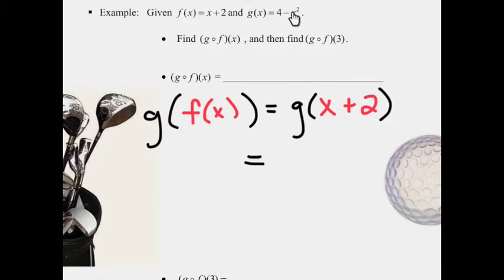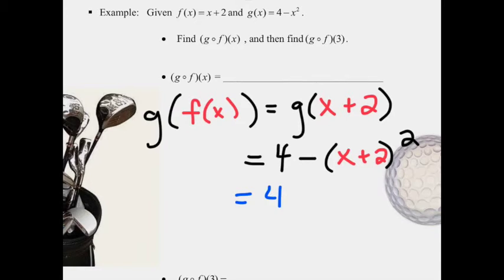So now I'm going to replace this x with x plus 2. So when I read g of x here, I see 4 minus something squared. So 4 minus something squared, and I'm going to fix that too. 4 minus something squared. That something that's being squared now is not x, it's x plus 2. And then I am going to just simplify that out.